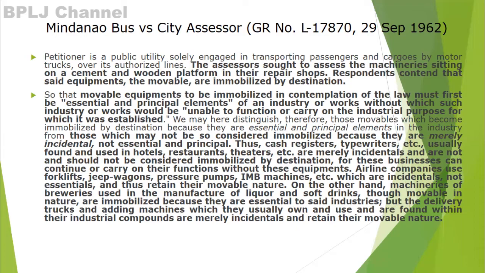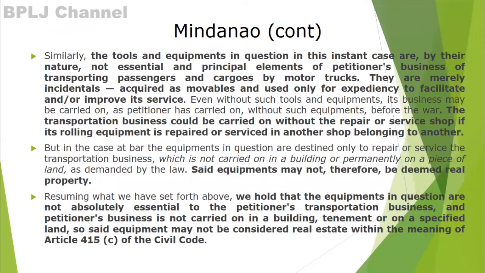On the other hand, machineries of breweries used in the manufacture of liquor and soft drinks, though movable in nature, are immobilized because they are essential to the said industry. But the delivery trucks and adding machines, which they usually use and are found within their industrial compounds, are merely incidentals and retain their movable nature. So the tools and equipments in question are by their nature not essential and principal elements of petitioner's business of transporting passengers and cargoes by motor trucks.